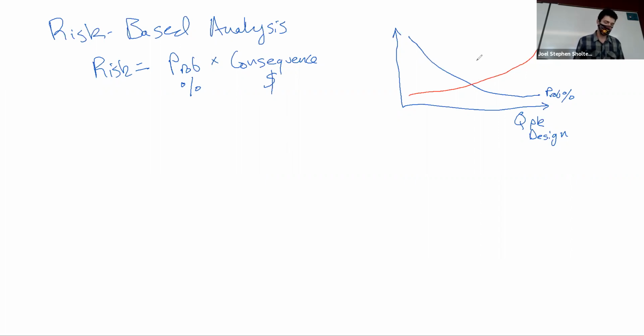So if we combine these two and kind of multiply them, maybe we get a shape, and I'm just going to make this shape up. It's not an actual shape, but maybe it looks something like this, where we've got a really high probability and a real low consequence. So we're kind of high right here. Then we kind of go down, and then maybe we start to increase our consequence.